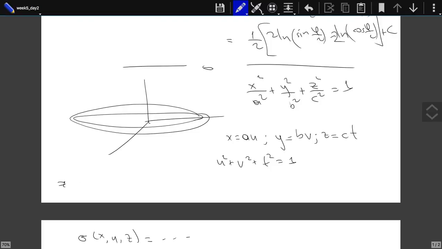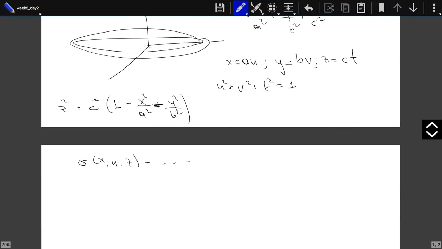So it tells me that z squared is equal to c squared times 1 minus x squared over a squared minus y squared over b squared. Or my surface is defined as z equals plus or minus c times (1 minus x squared over a squared minus y squared over b squared) to the power 1/2. This is the equation for my surface.